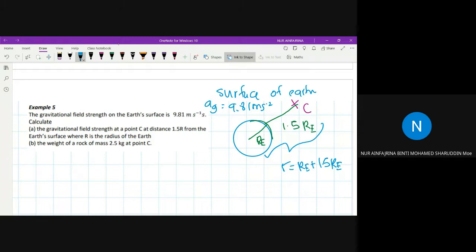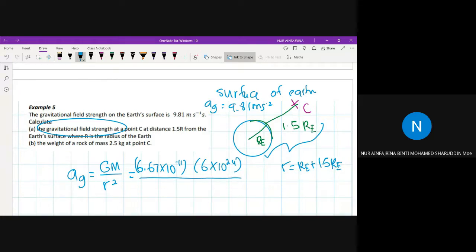Alright, in order for us to find the gravitational field strength, awak kena pakai formula GM over R squared, where G is always constant, 6.67 times 10 to the power of negative 11. Meanwhile, the mass of Earth is 6 times 10 to the power of 24, divided by R squared, the distance squared.